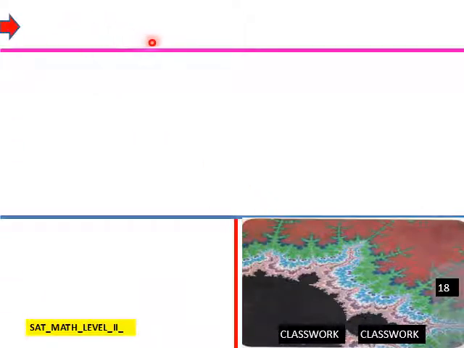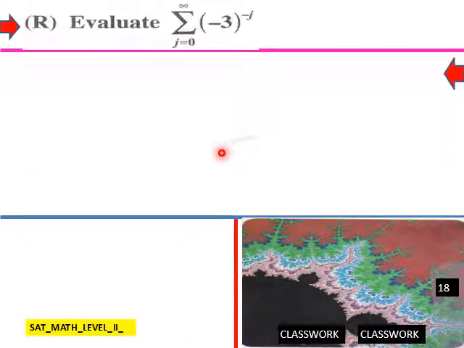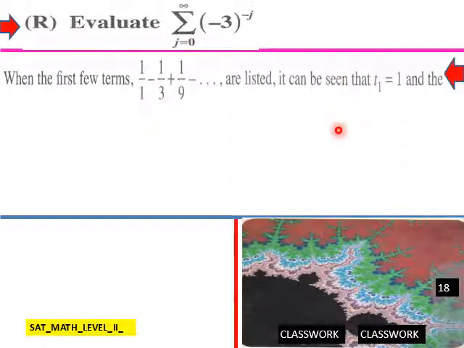Then we evaluate a summation where the upper limit is infinity, j equals 0, and the factor we're summing is negative 1/3 to the j power. When the first few terms, 1, negative 1 over 3, and then positive 1 over 9, and so on, are listed, it can be seen that term 1 equals 1, and the common ratio in this situation is negative 1 over 3.